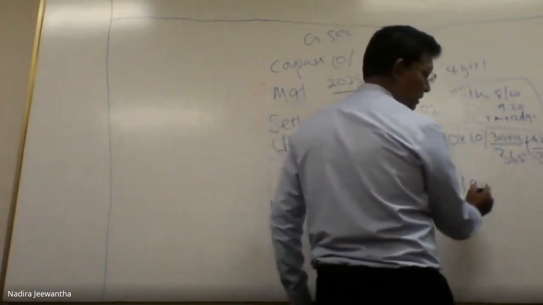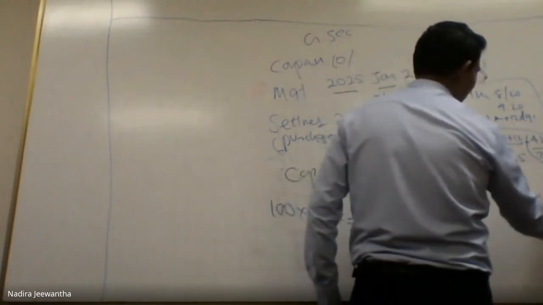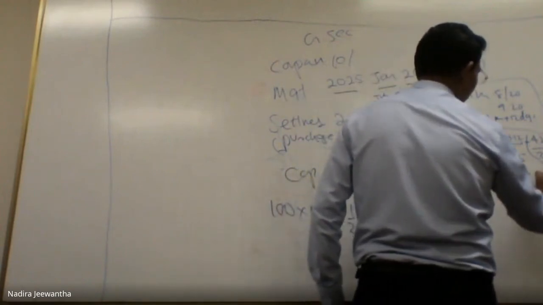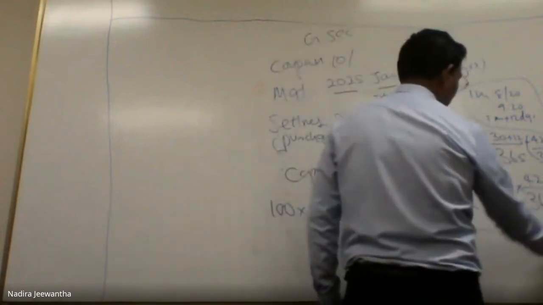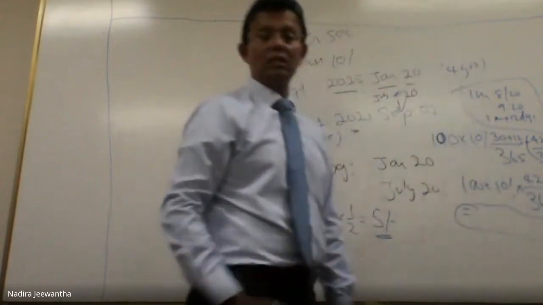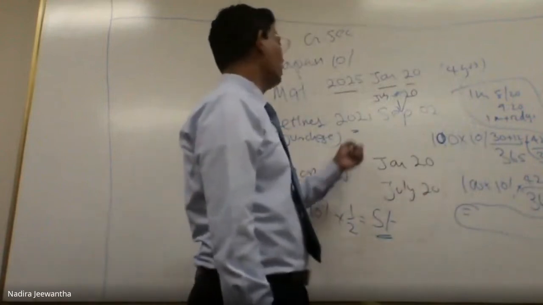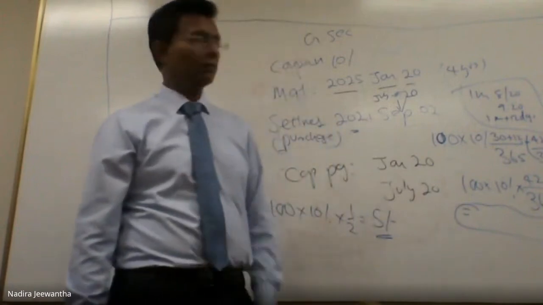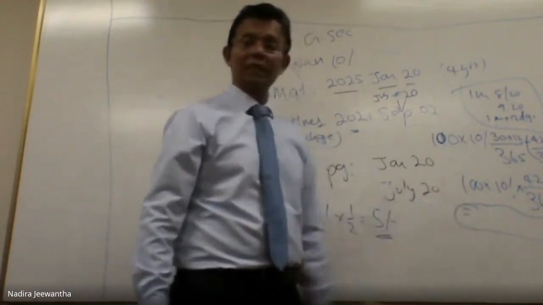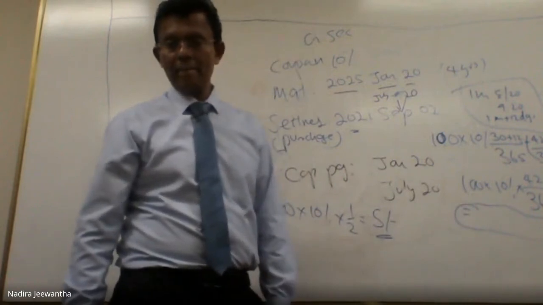So 100 is the face value, 10% is the coupon, and the not entitled amount is 42 divided by 365. It is not entitled to me. Why? I have purchased this particular bond from 2021 September. This particular amount we call what? Accrued interest.